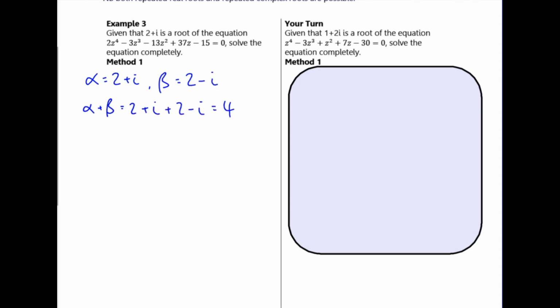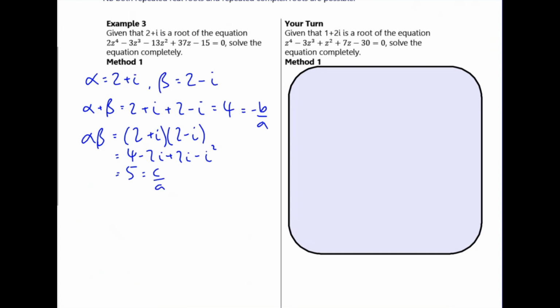So the sum of the roots here is 4, which is equal to minus b over a. And the product of the roots here is 2 plus i times 2 minus i. Which, if you expand that out, that gives me 4 minus 2i plus 2i minus i squared. So that gives me 5, and that's equal to c over a.